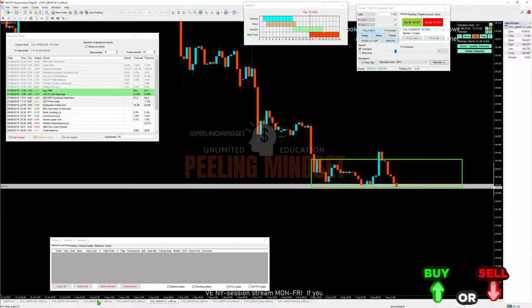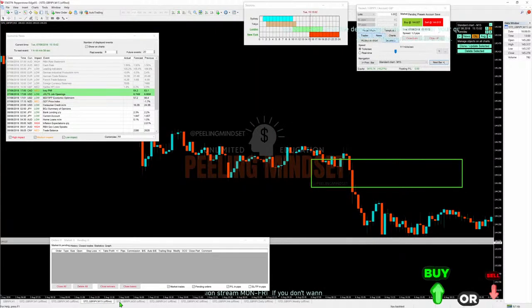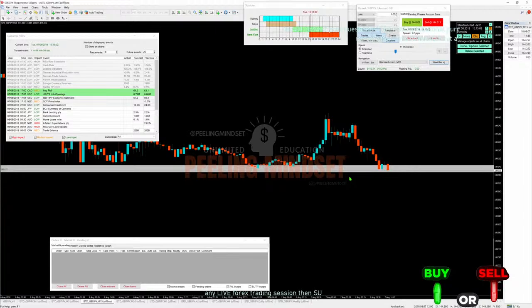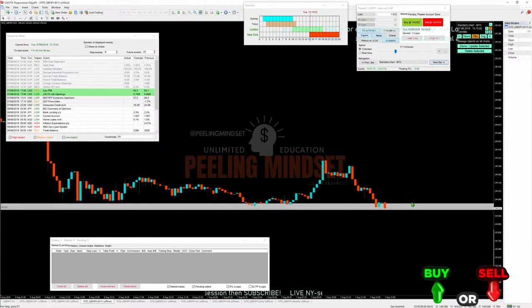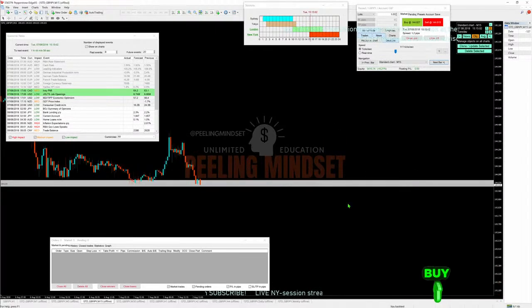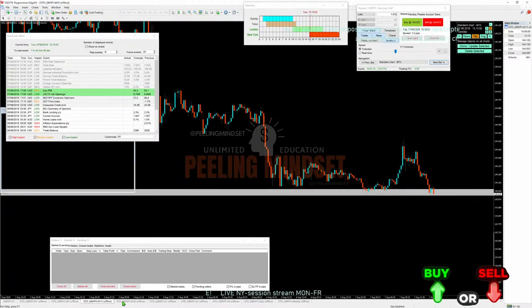Now, what I need to see is candles rejecting the top of the range. So for example, if I erase that box out of there, pretty rangy, pretty rangy. Let's see.